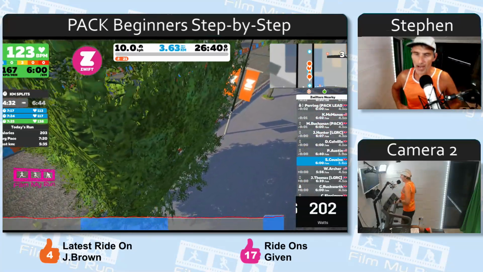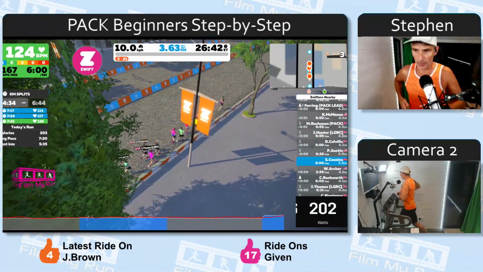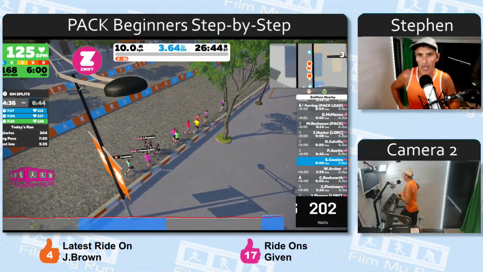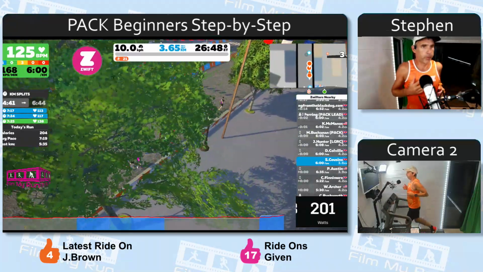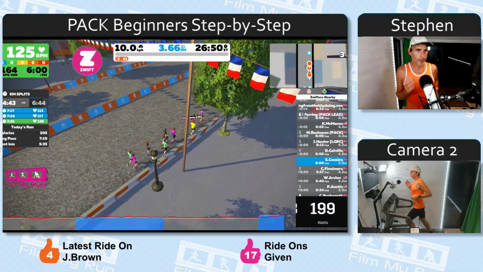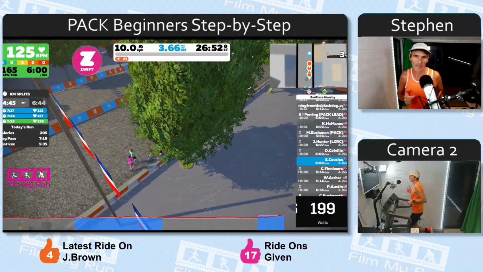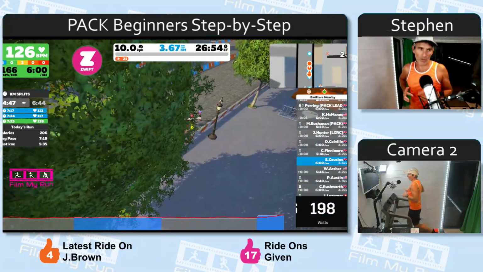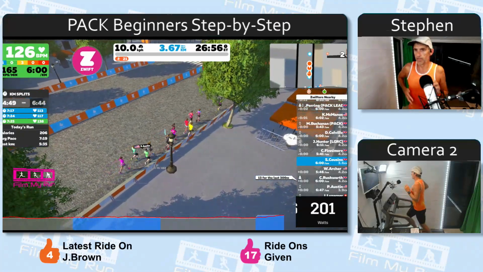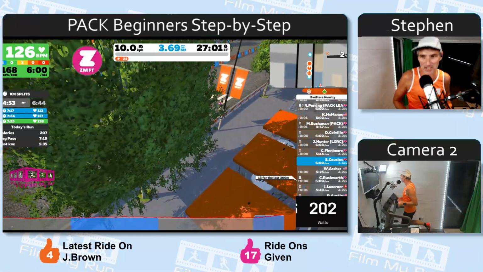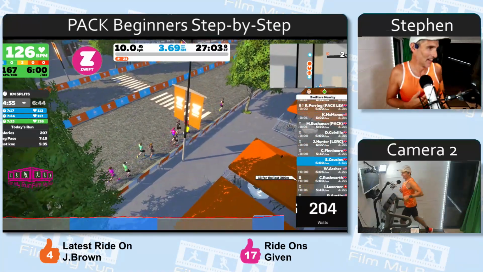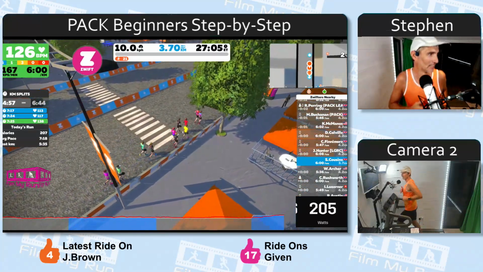I've done 3.5, so I'll probably make it up to 5k as well, to be honest. I'll just go a little bit longer afterwards. Carol says 13 kilometers an hour for the last 300 meters. Not for me. I'm going to keep it low.